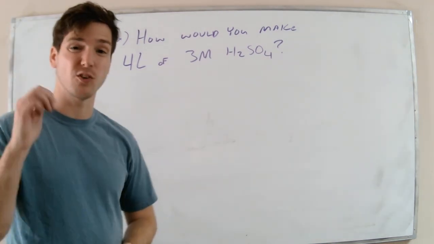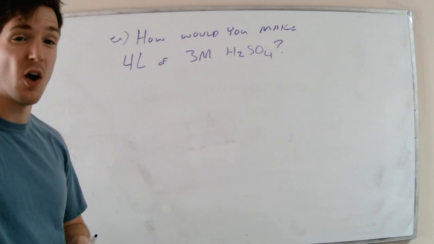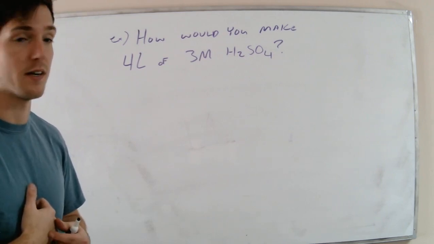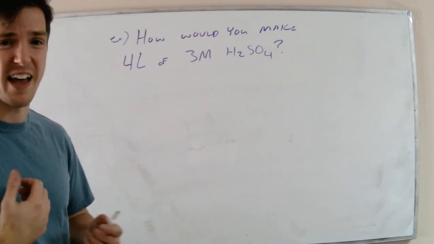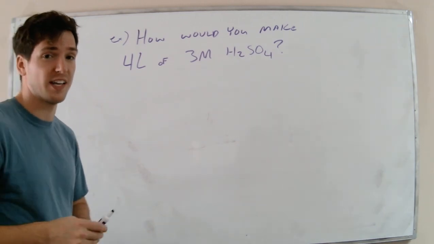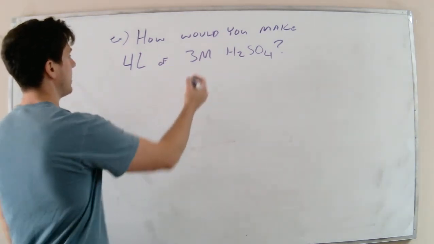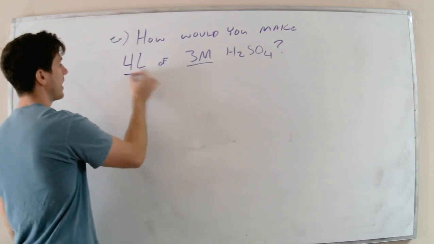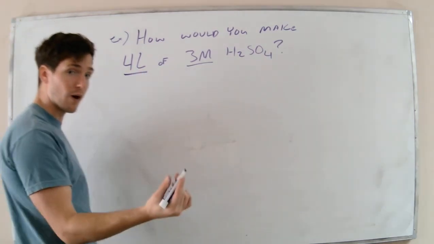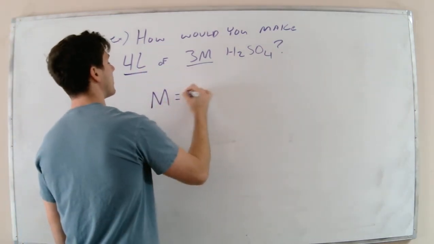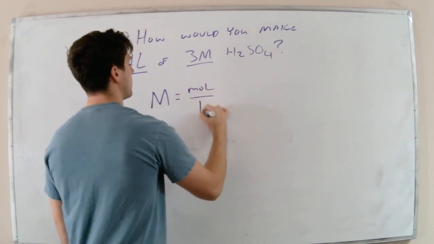Well, remember, I need grams. If I want to make a solution, I need grams of what I'm dealing with here. Well, I don't really have grams of anything, but what I do have is molarity and liters. Well, we should remember that molarity equals moles over liters.